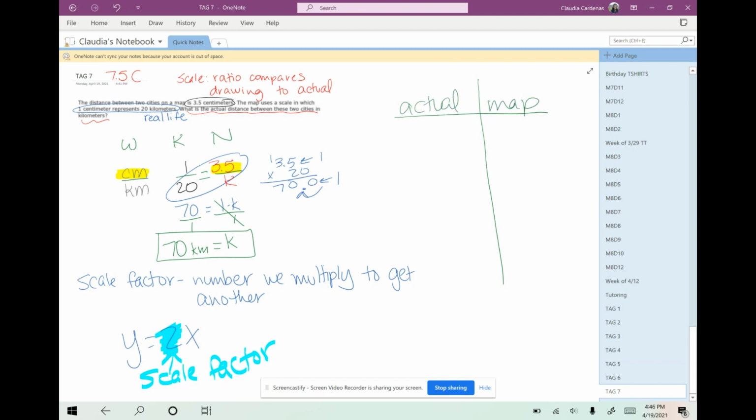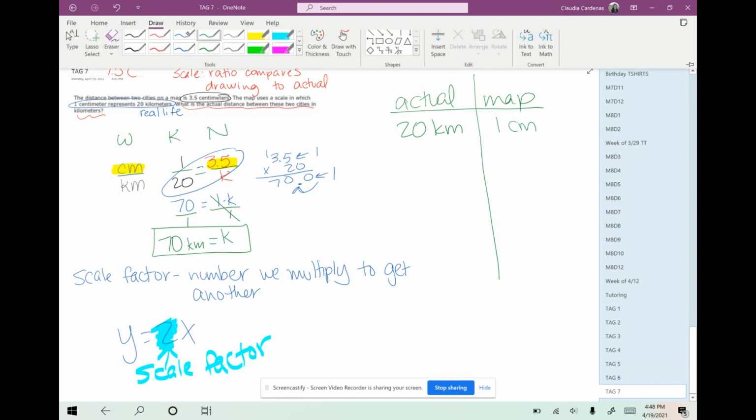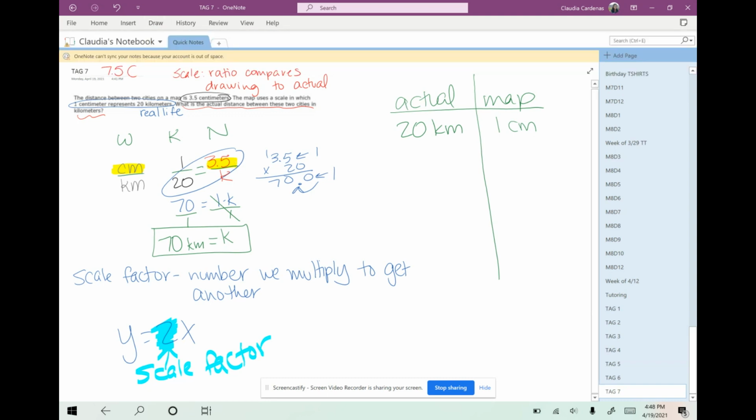In similar figures, the term scale factor has a more specific meaning. It's the number we use to represent the multiplicative relationship from the actual figure to the scaled figure. We're going to look at that example above and draw out a table to represent the relationship. If I look at the actual amount they gave us, 20 kilometers representing 1 centimeter on the map, I can follow this proportional relationship throughout the table so that I can begin reasoning out the answer to my question.